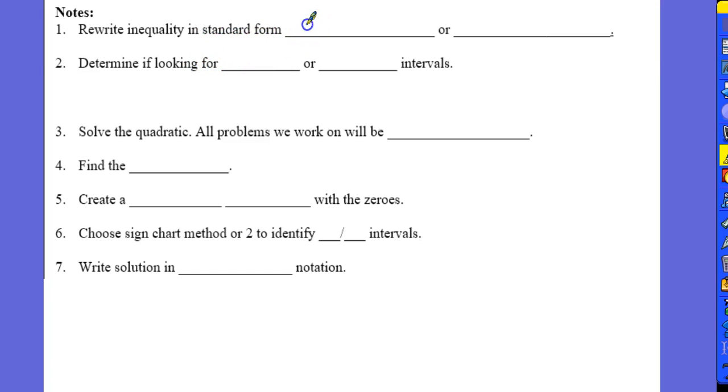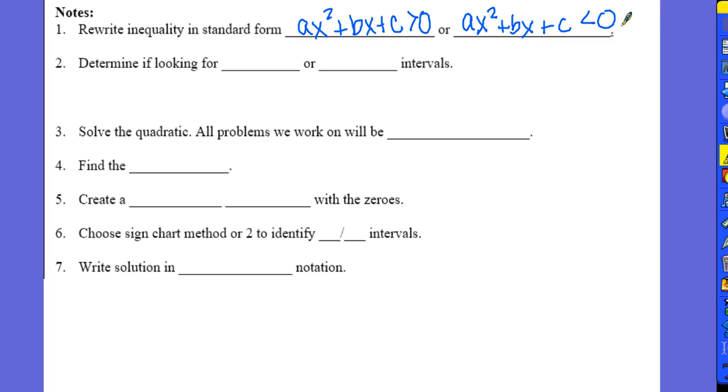Standard form of a quadratic is ax squared plus bx plus c. Since it's an inequality, I can say it's greater than 0. But that isn't the only way. We would also want ax squared plus bx plus c less than 0. And of course you could have less than or equal to or greater than or equal to. But you want the quadratic part of the inequality to be in standard form.